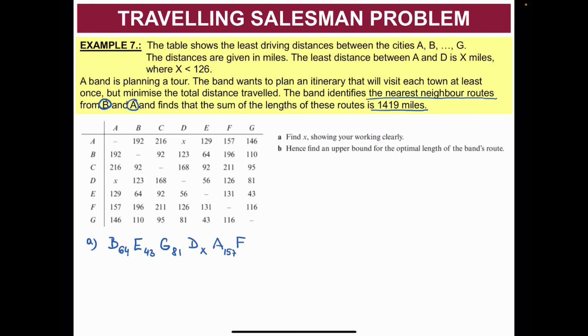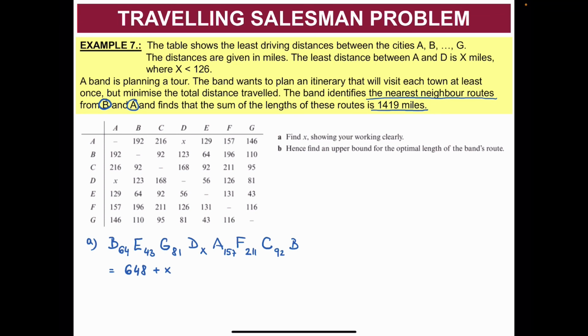And then from F I can go to C, that's 211. And then finally, I have to go back to B, and that will take me 92 miles to get back. So this one would be, let me calculate, 648 plus X.